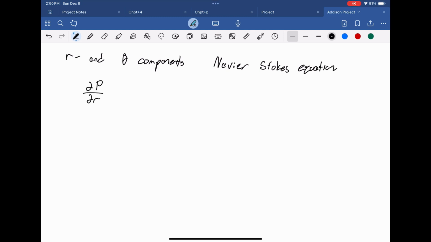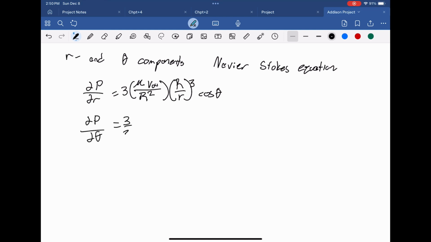So we have partial P over R equal to 3 times mu V infinity over R squared times r over R cubed cosine theta. And we have partial P over partial theta times 3/2 mu r V infinity over R times r over R squared sine theta.